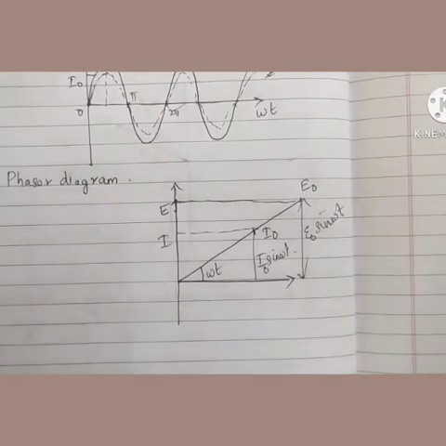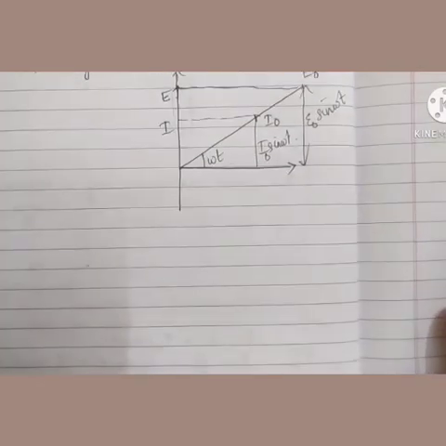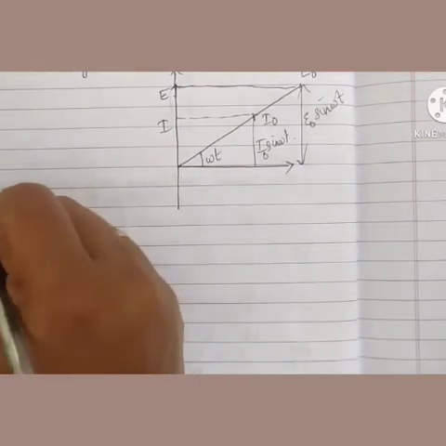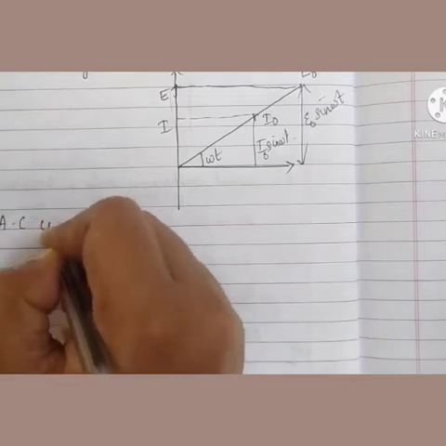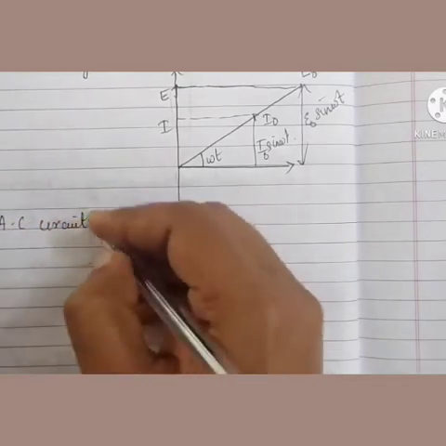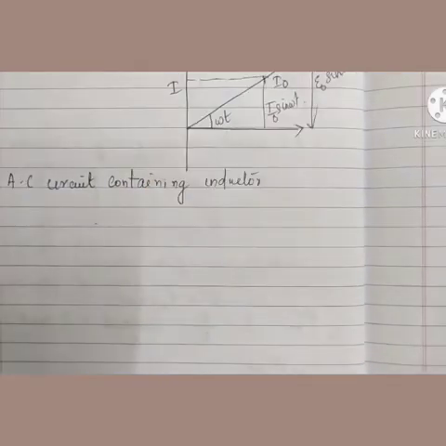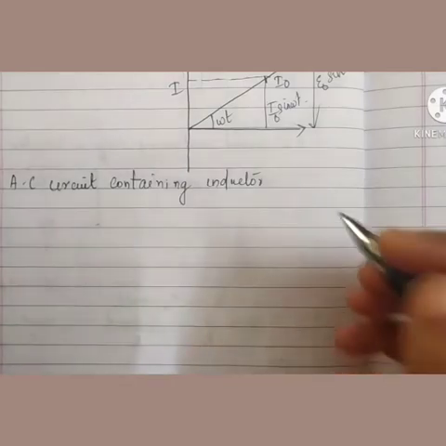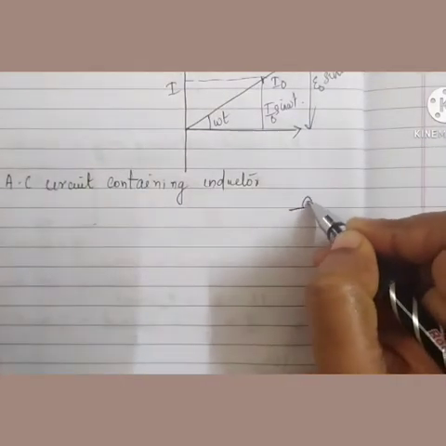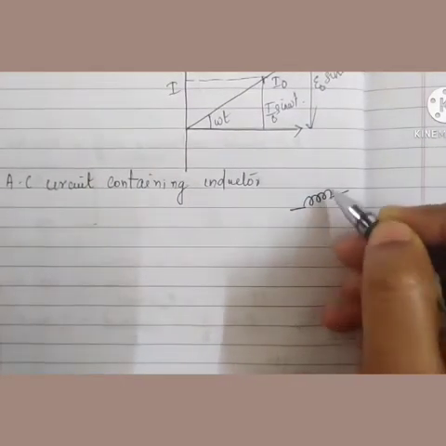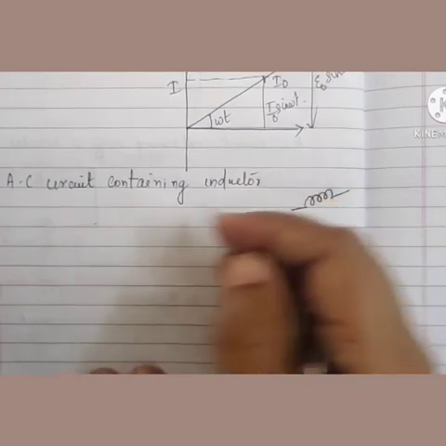So, listen carefully. Second one, AC circuit containing inductor only. This is the symbol used for inductor, a coil-like structure.